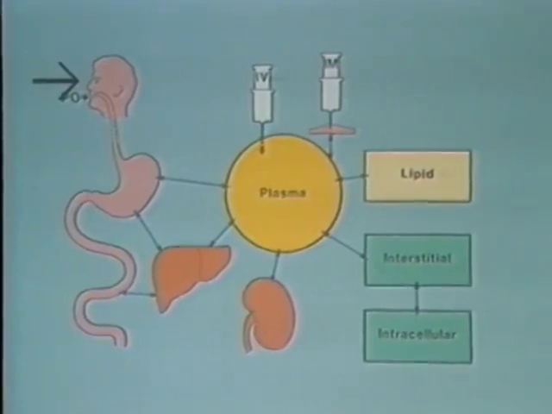And we've also got other compartments in which the plasma equilibrates, that is to say an interstitial or intracellular compartment, a lipid compartment, and of course a liver which metabolizes the drug, kidneys which excrete it, and a stomach and intestine through which it's absorbed. Well, that's the basic structure, and here is an introduction to the model on the screen.